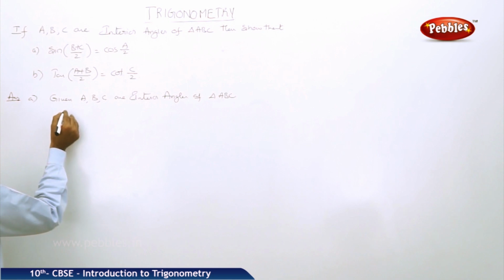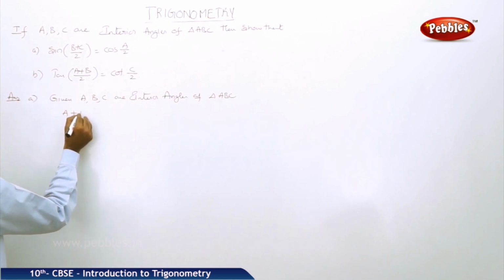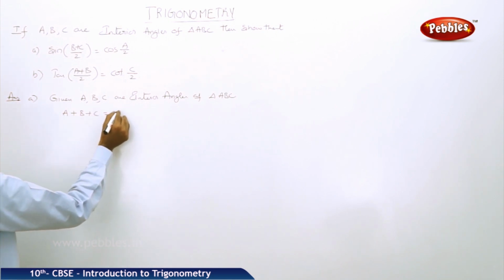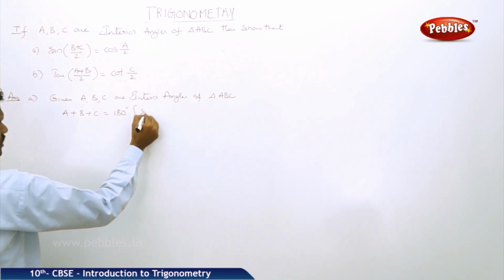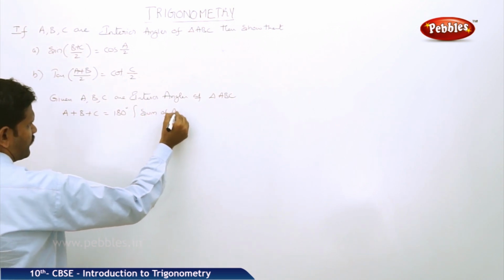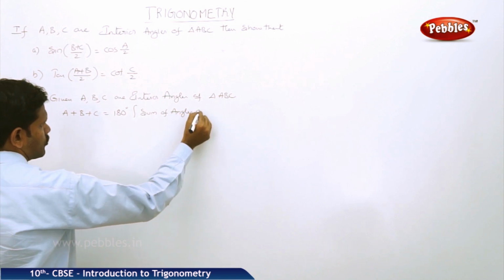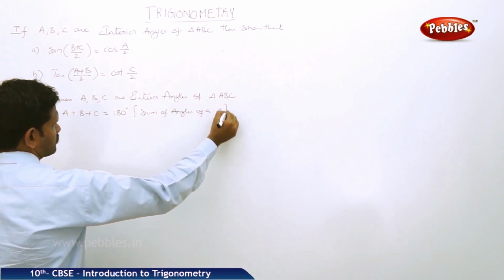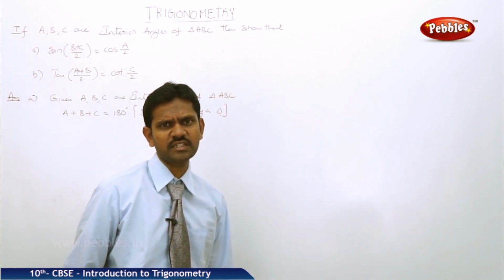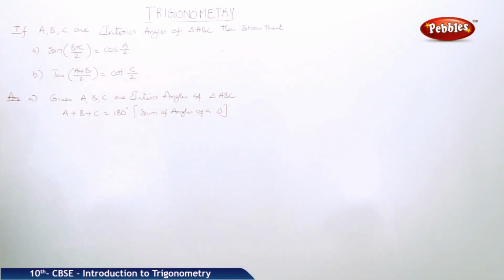That is, we know well, angle A plus angle B plus angle C is equal to 180 degrees. Reason: sum of angles of a triangle. Sum of angles in a triangle is 180 degrees. Now, A plus B plus C is equal to 180 degrees.